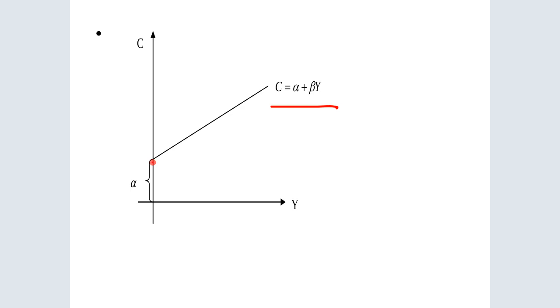So this part here is the autonomous consumption, and it does not depend on the level of income. So the other part depends on the level of income, you can see as income increases, consumption also increases.